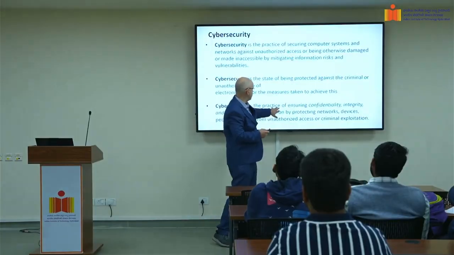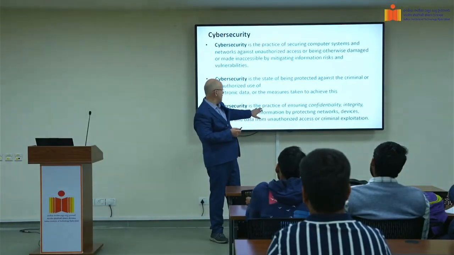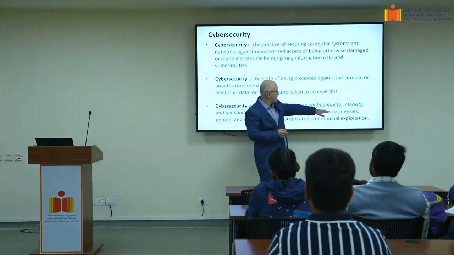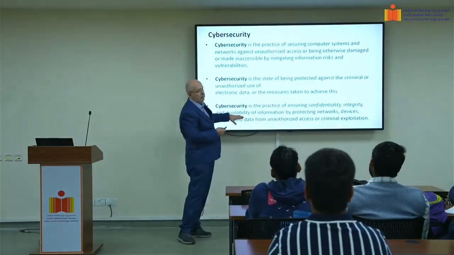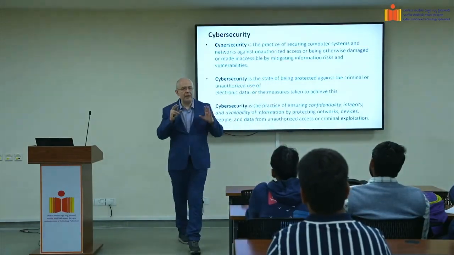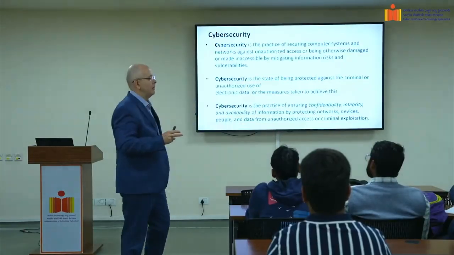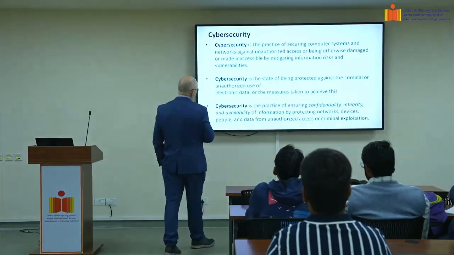It's very important. So we select the different elements of cybersecurity. You see them: confidentiality, integrity, availability. These are the three main properties of cybersecurity. Not only such properties exist, but these are the main ones, and they are very important.